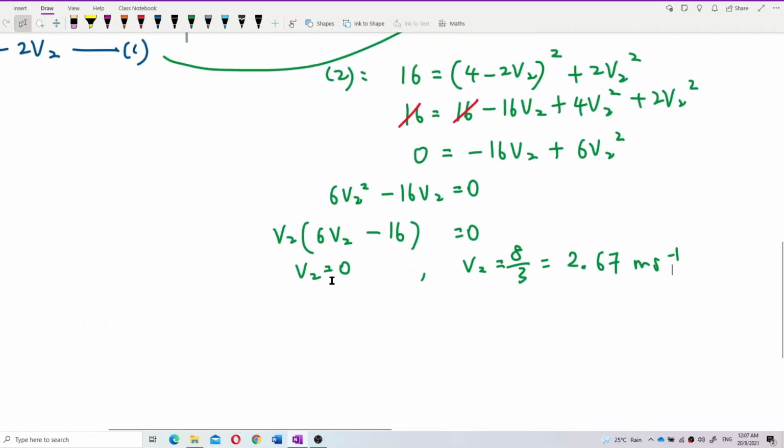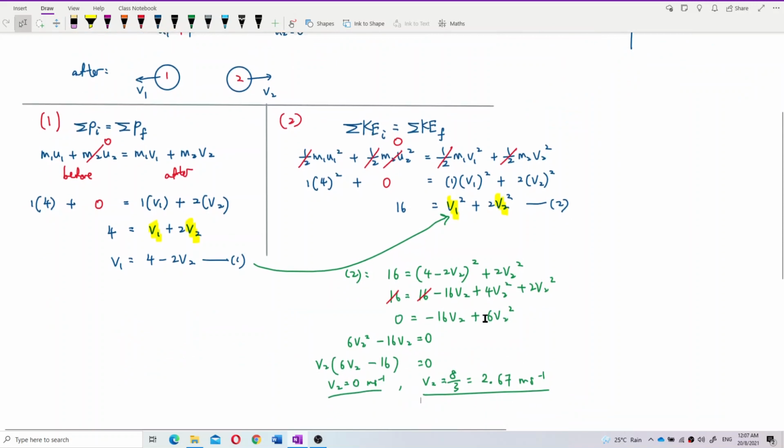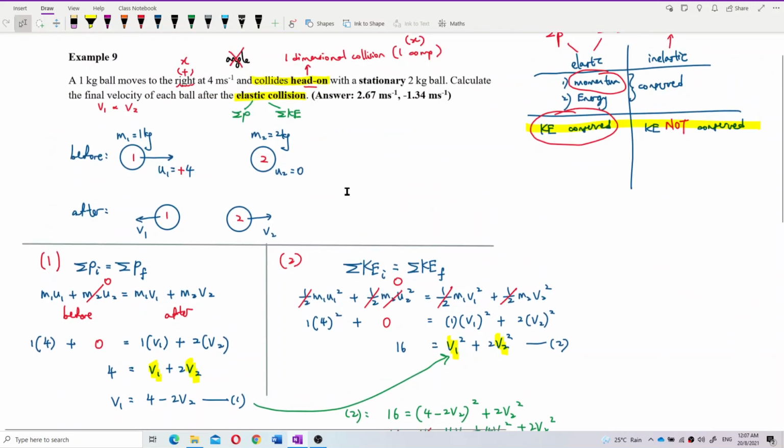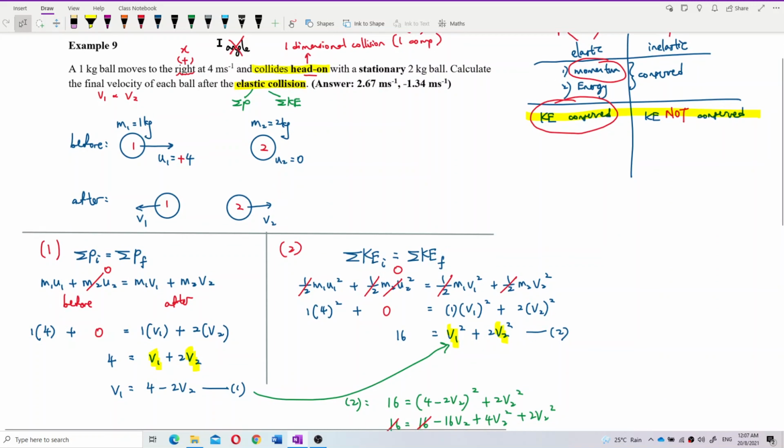Is it feasible for V2 to be 0? Is it feasible for the final velocity for ball 2 to be 0, when the initial velocity is 0 and after collision it also becomes 0?